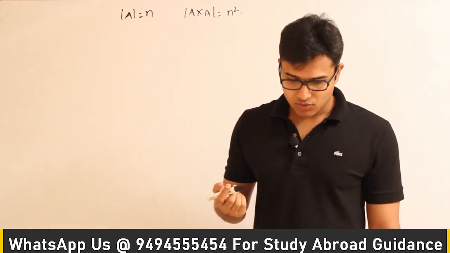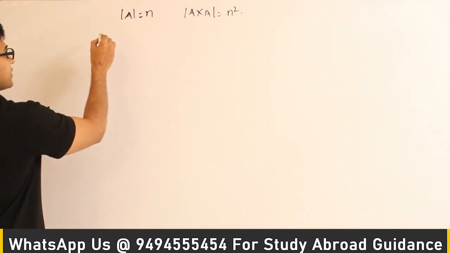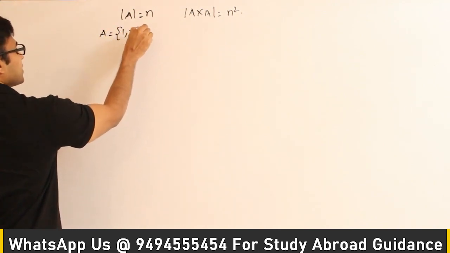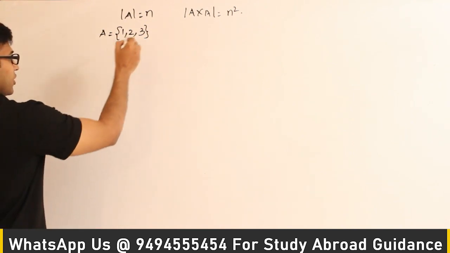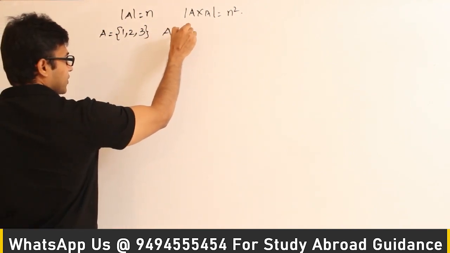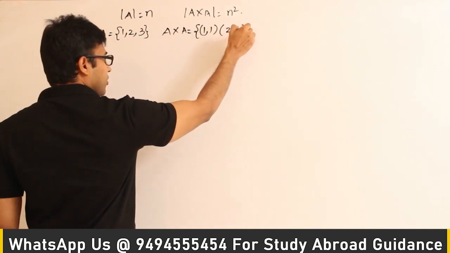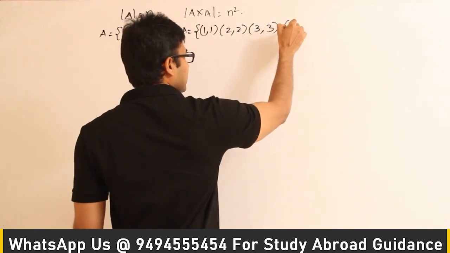So first of all, let me take a small example and show you with that. Let us say A equal to {1, 2, 3}, which means it is a set containing 3 elements. Then A cross A is going to contain (1,1), (2,2) and (3,3), and then the non-diagonal elements are present.